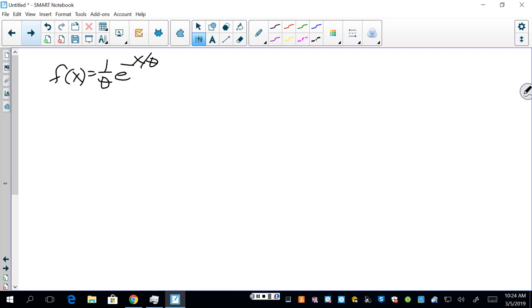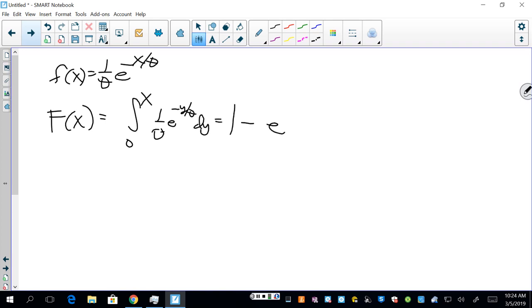So doing this parameterization, the cumulative distribution function is an integral from 0 up to x of that e to the negative, let's put a placeholder there. It ends up being 1 minus e to the negative x over theta if you work it out, where theta is the one that is the mean.